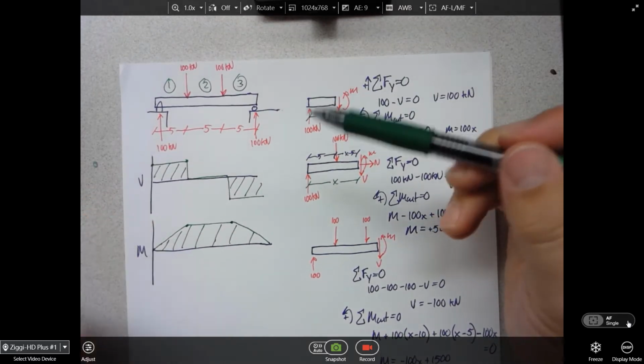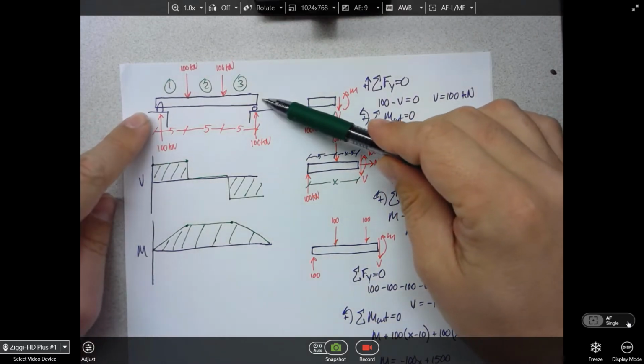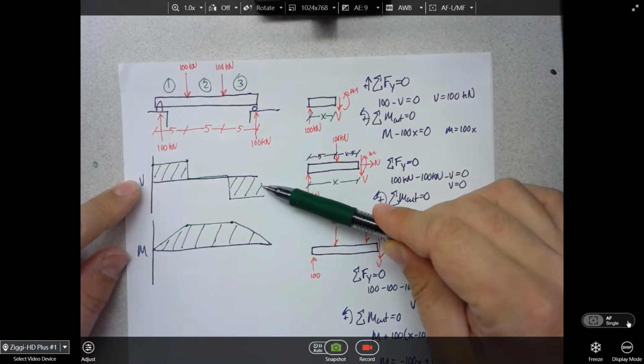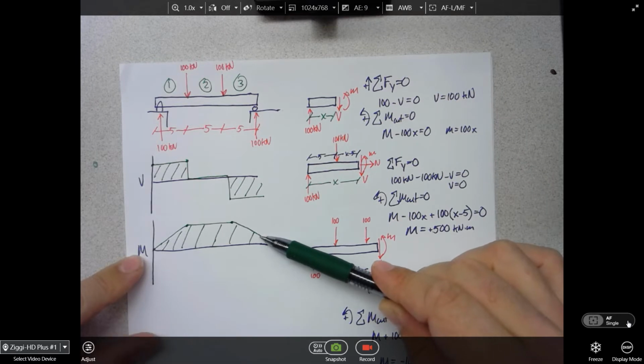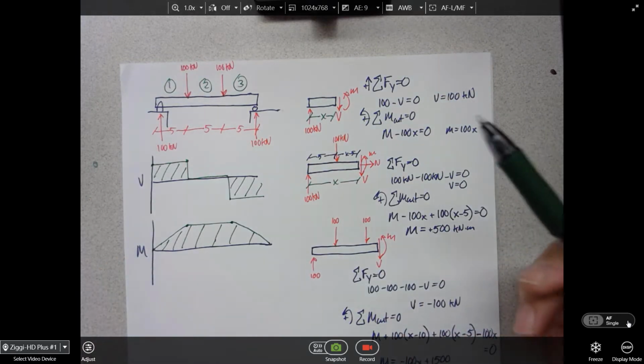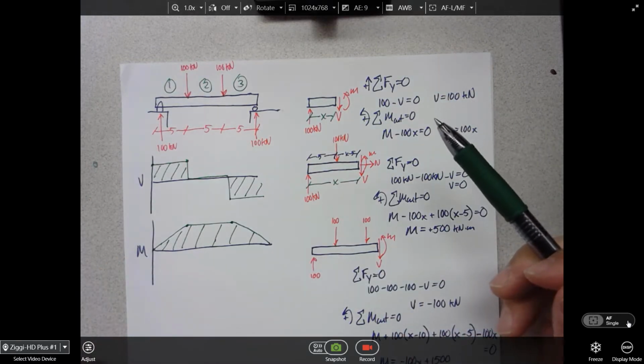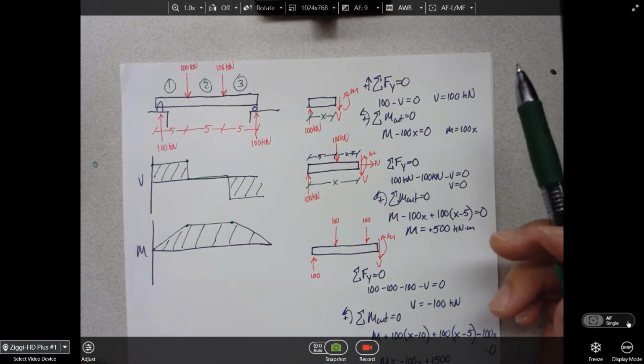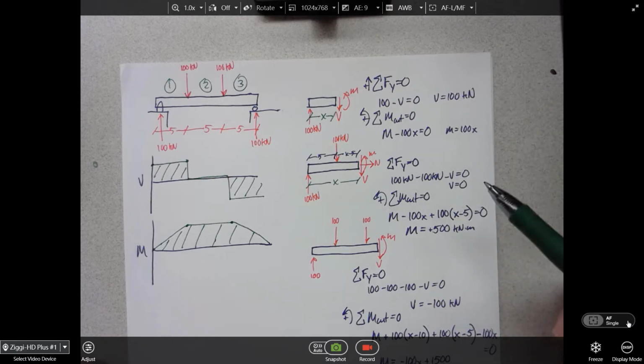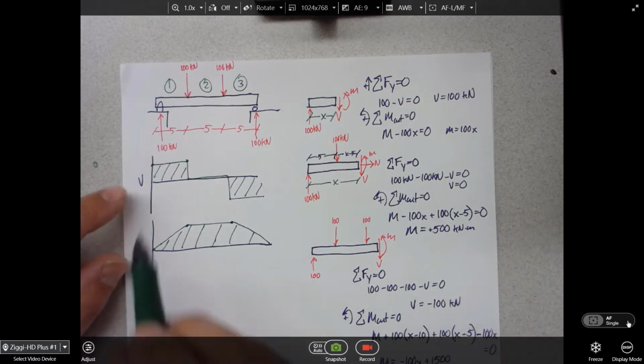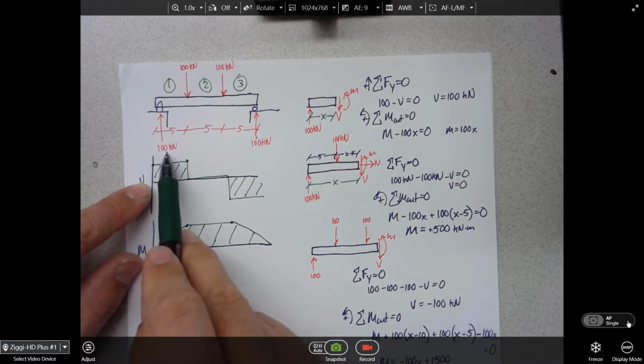I want you to spend a minute and look at the loading diagram, the shear diagram, and the moment diagram and see if you can relate any of their values to each other. What happens in the shear diagram when I hit 100 kilonewton up load at 0?